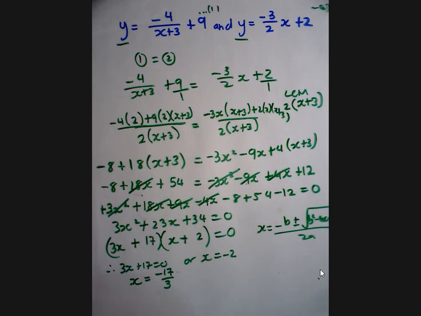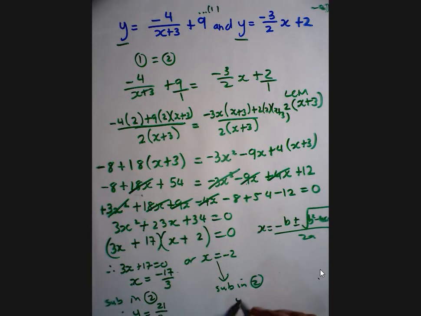So what I'm going to do now is substitute. I'm going to substitute this in equation 2, as equation 2 looks easier. When I substitute into equation 2, therefore y is equal to 21 over 2 and y is equal to 5.